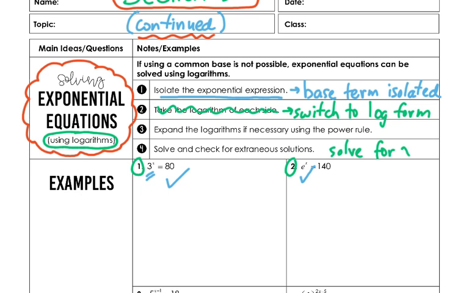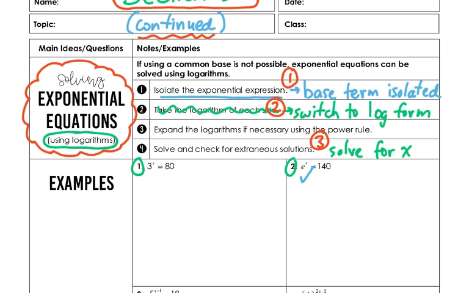X should be free if you do it right when you switch to log form. So at that point, you can just get the x term by itself. So step 1, isolate the base term if it's not already isolated. Step 2, switch it into log form. And then step 3, we can solve for x. Easy peasy.